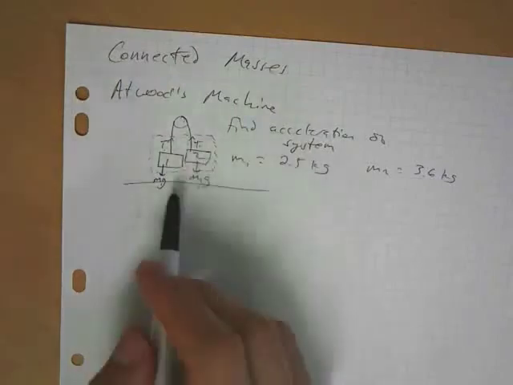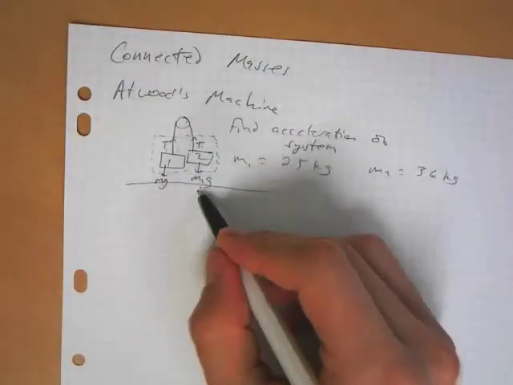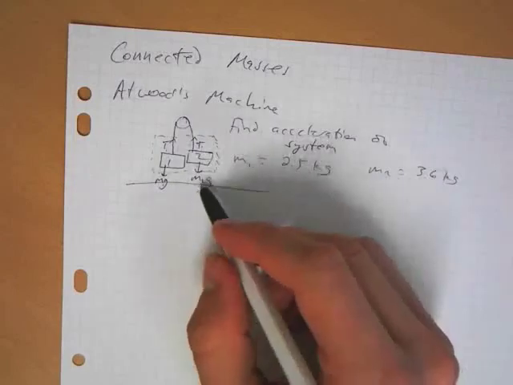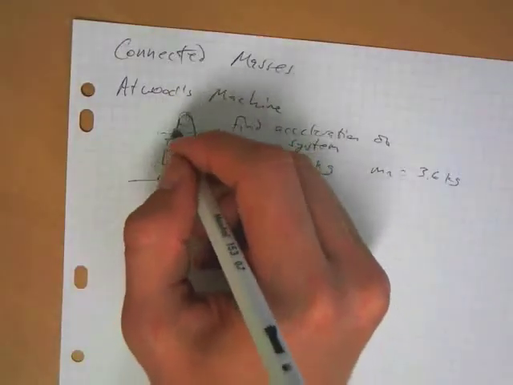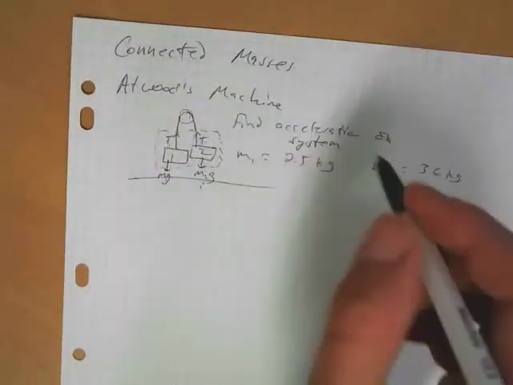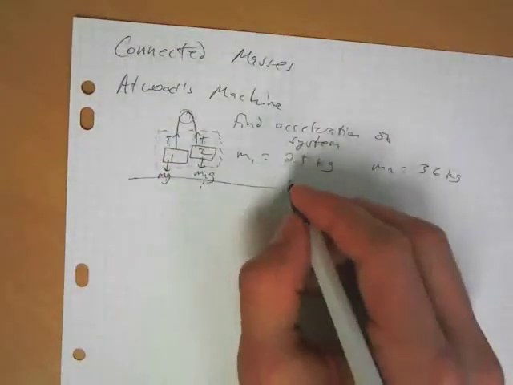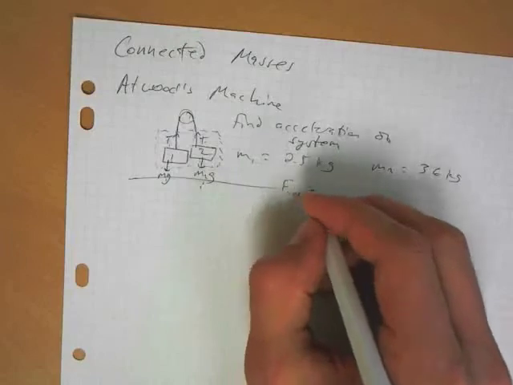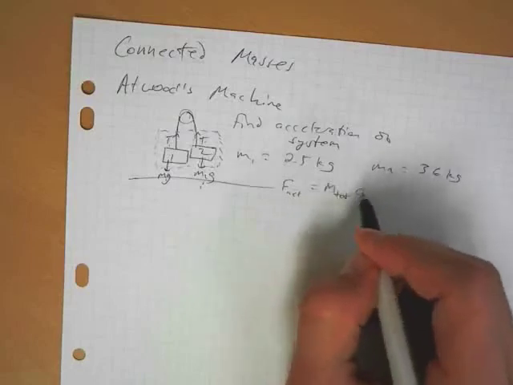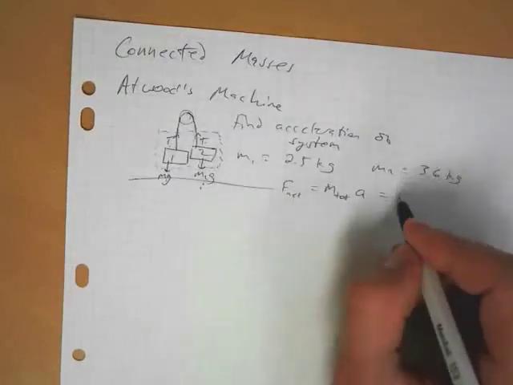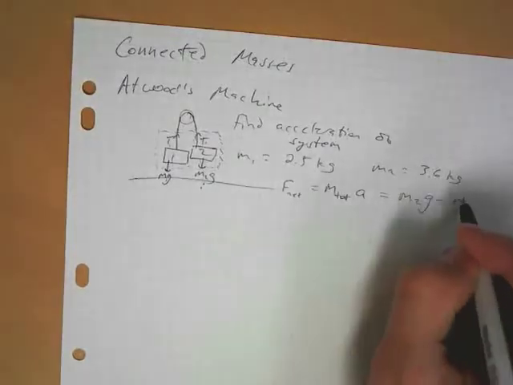So on the overall system, if we consider going up here and down over here to be positive, we have a net force of mass total times acceleration, and that would be equal to m2g minus m1g.